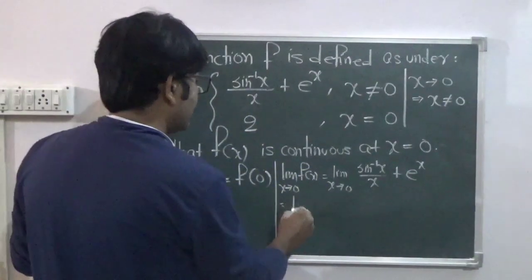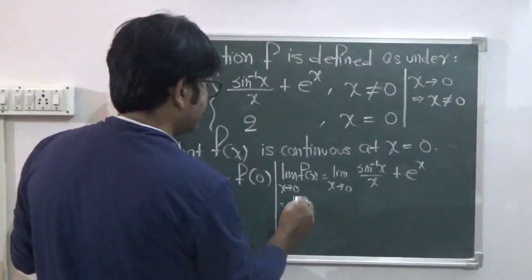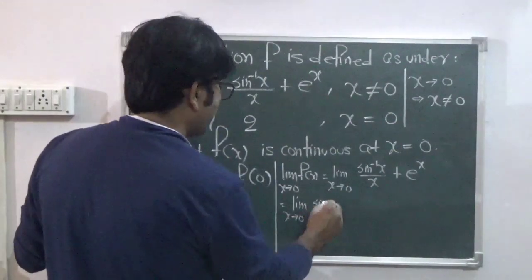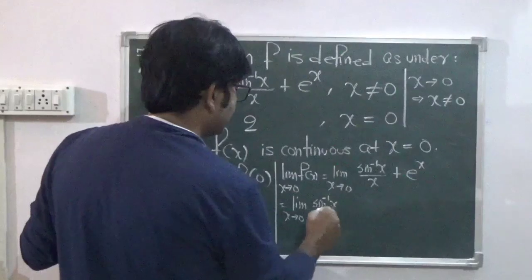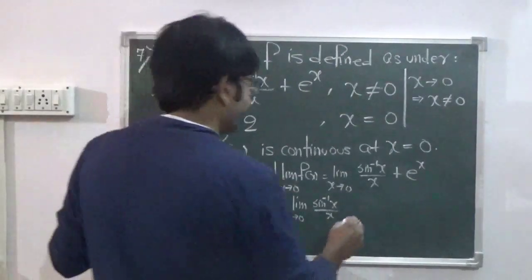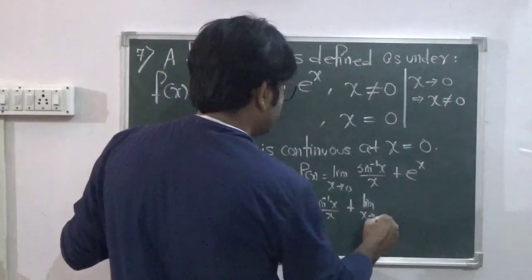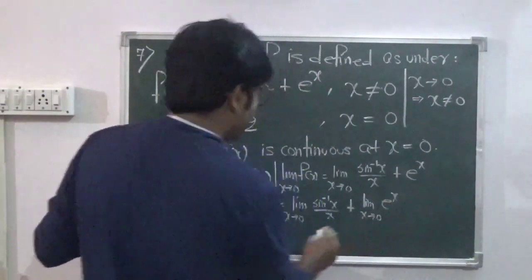So you can write separately limit x tends to 0 sine inverse x by x plus limit x tends to 0 e to the power x.